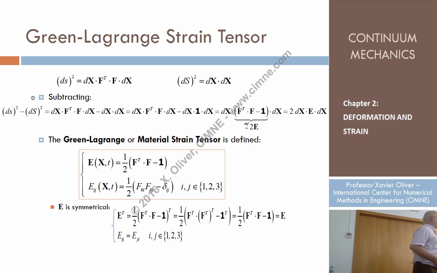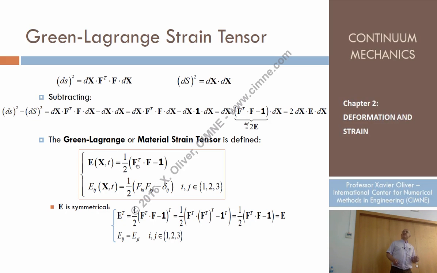It says what is the difference of the square of the distance of the two particles after the deformation minus the square of the distance before the deformation. So that guy informs about distances, indirectly if you wish, but informs about distances. And that is the most important issue of this tensor.